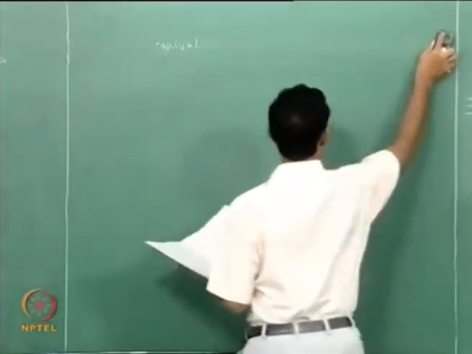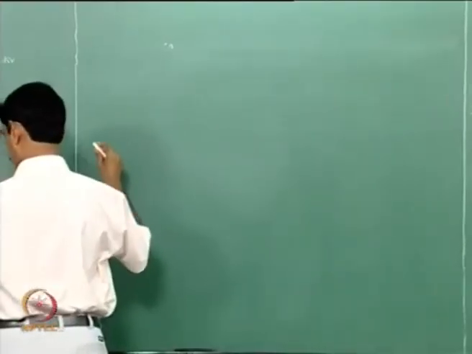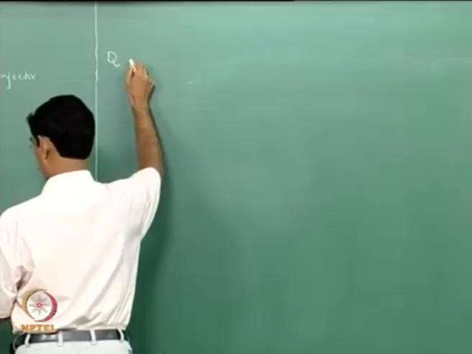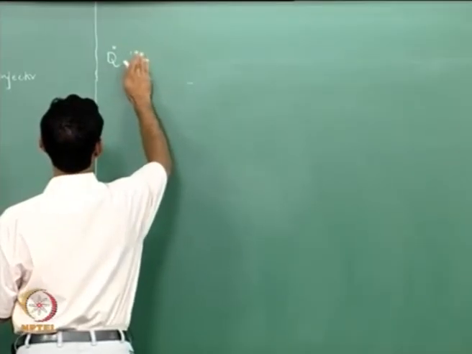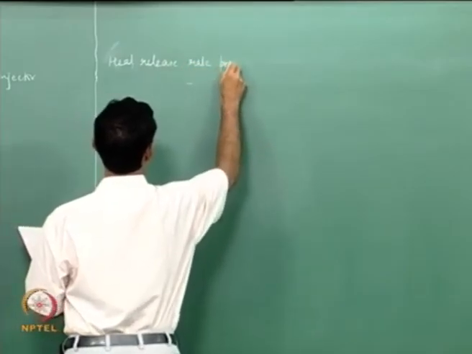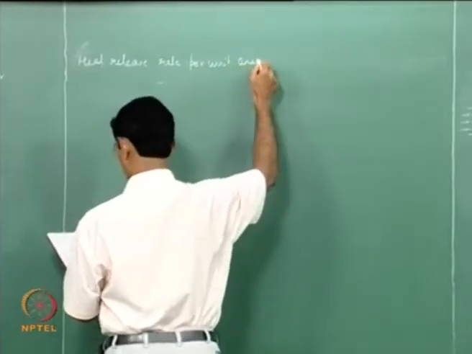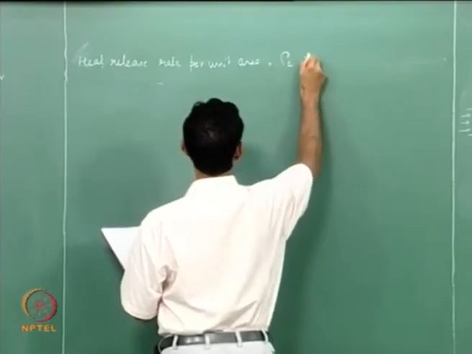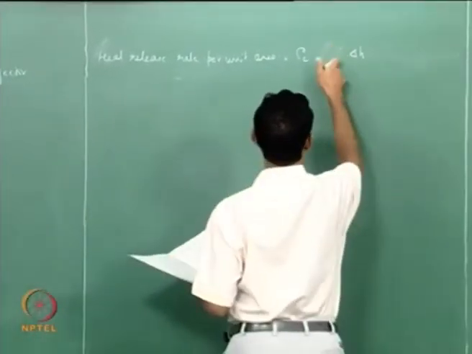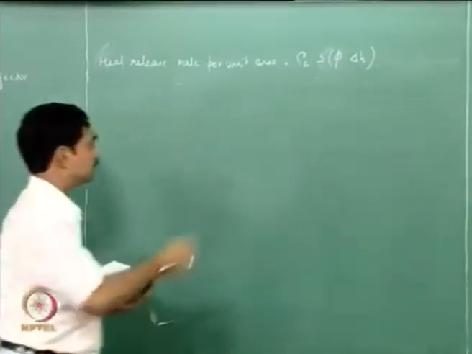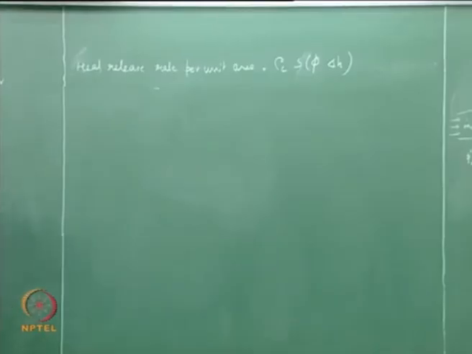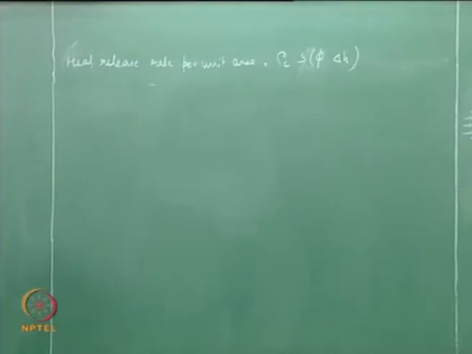Write down a few things. This is the rho C times S, the flow rate consumed, and delta H is the heat of the reaction.